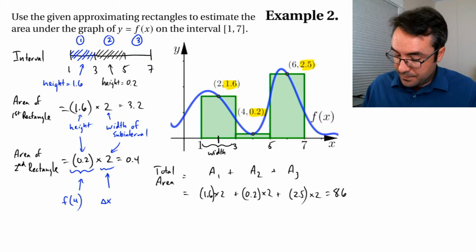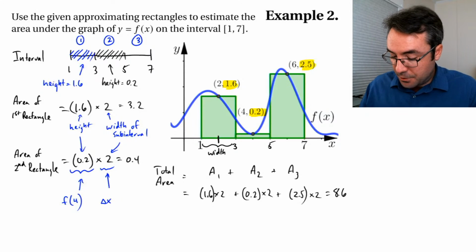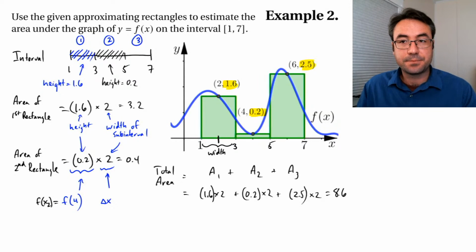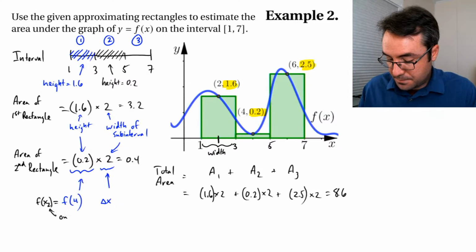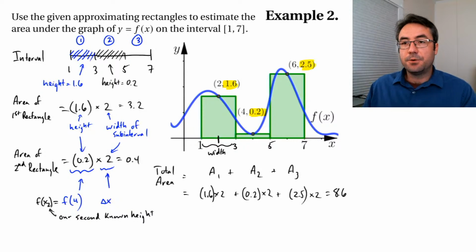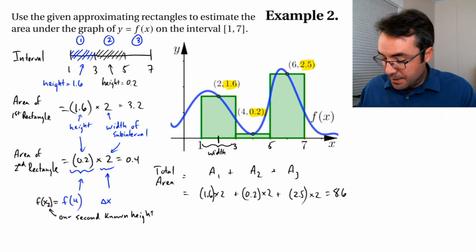So actually we can even adjust this function value a little bit more, generalize it a little bit further. So we could say this is f of x2. It's our second known height. So another way to think of what we're doing here with this area calculation is we're taking our first known height, which we could write as f of x1 times delta x.